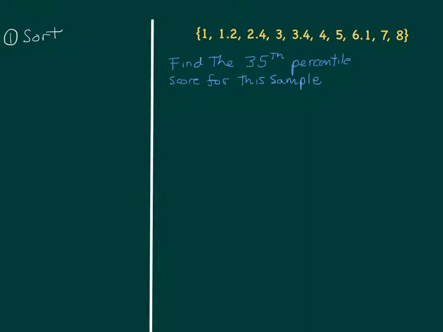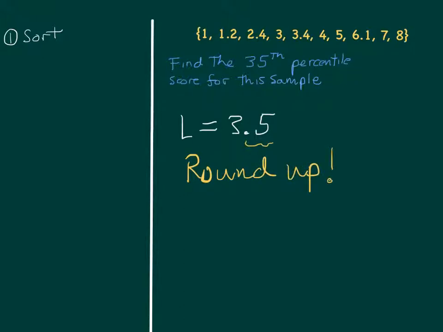So our L value that we just computed was 3.5. Now, this is roughly where in the list you should occur. Our convention in the textbook is that if the computed L value is not a whole number, in other words, we have some little bit of fractional part, we always round up.